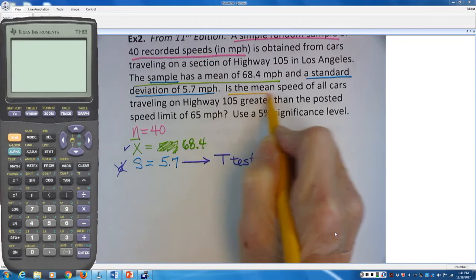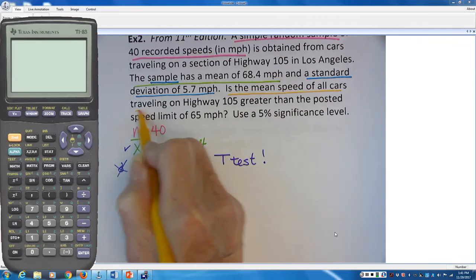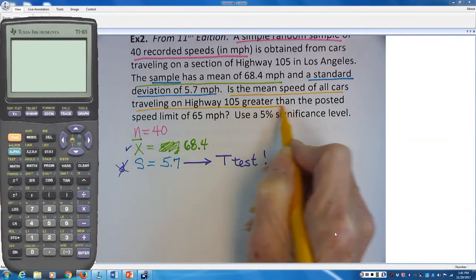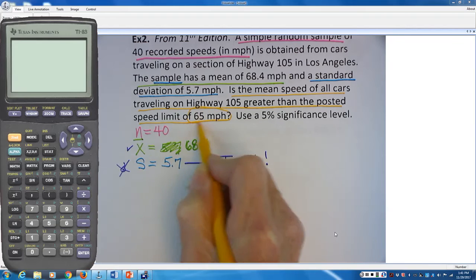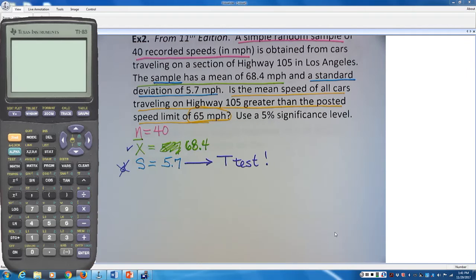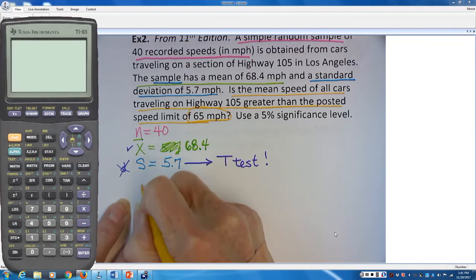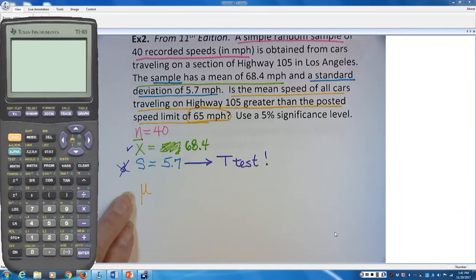Is the mean speed of all cars traveling on Highway 105 greater than the posted speed limit of 65 miles per hour? What does that give us? That gives us a value for mu. And what does it get?